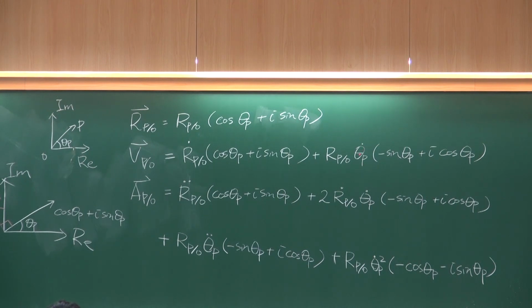If you differentiate the theta dot here, you will get theta double dot, and the unit vector is the same. For the final one, you differentiate the last part and you will get RPO theta p, because you get a theta dot from differentiating this one. So this one is RPO theta p double dot, RPO theta p dot square, times this unit vector.